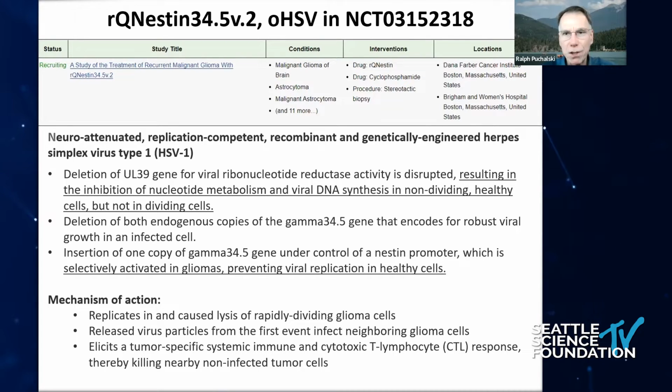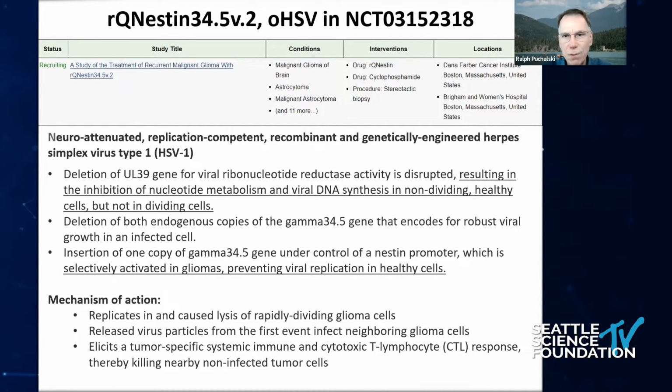So the vector encodes 2 gene deletions and 1 insertion. The UL39 gene for viral ribonucleotide reductase is deleted, and this results in inhibition of nucleotide metabolism and viral DNA synthesis in non-dividing healthy cells, but not in dividing cells.